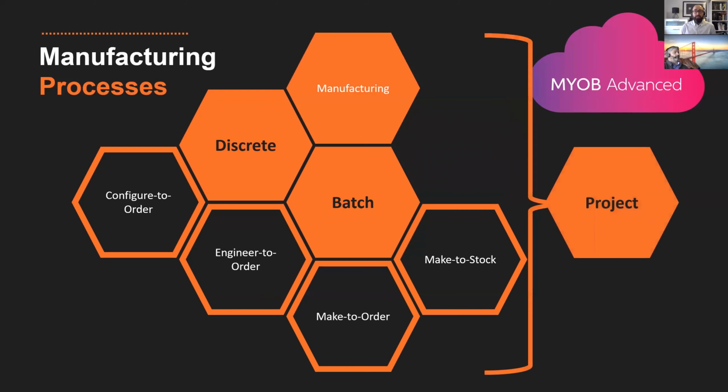What can extend above that is the ability to add other modules on top of this. So if you are a project-based or a job-based manufacturer, so this is when the engagement can run over a long period of time, manufacturing a whole range of different products for your customer, you might need to encapsulate that into a project, and MYOB Advanced can handle that.